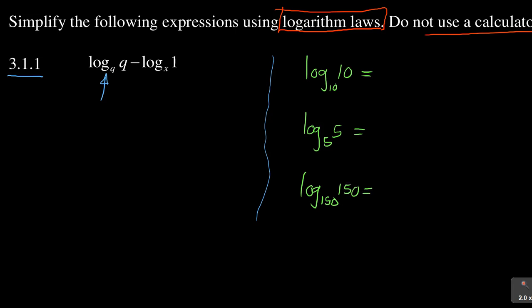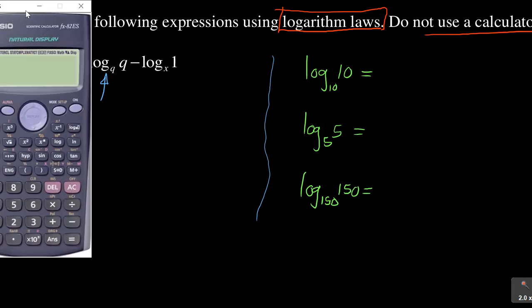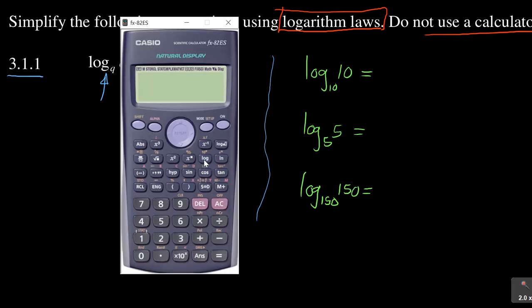Now if I apply my calculator, the first one is log base 10 of 10. You can see that I'm getting a 1. Then log base 5 of 5, and still I'm getting a 1.